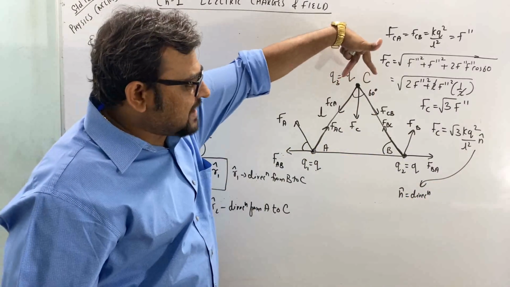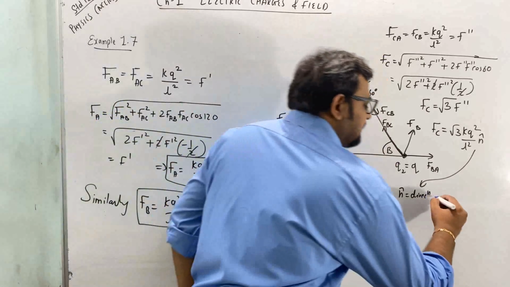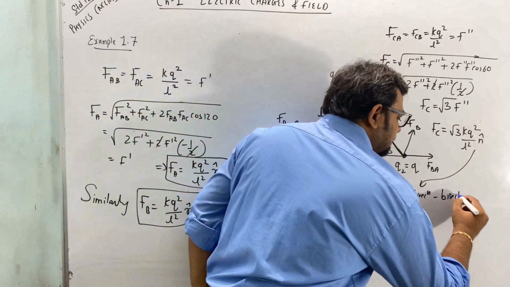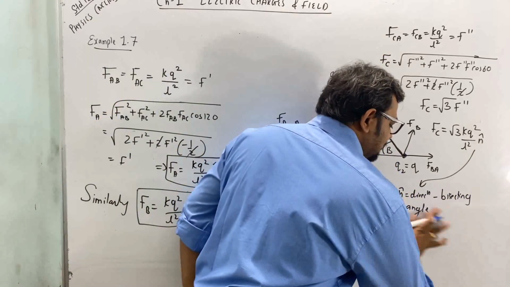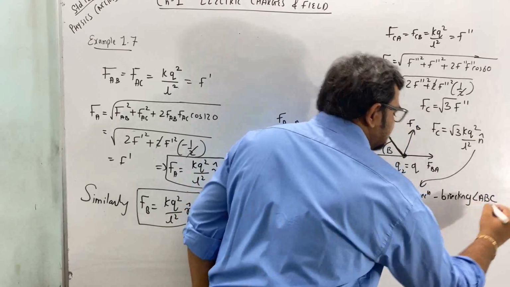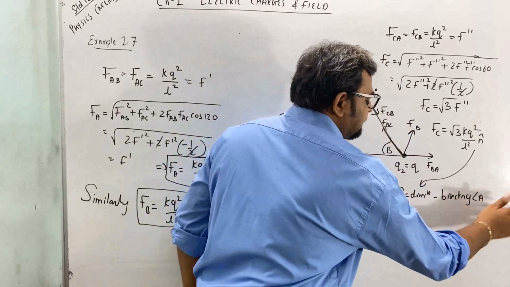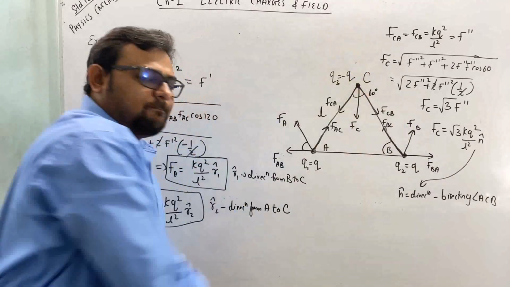Perpendicular, or you can say bisecting angle ACB. Okay, it is bisecting angle ACB.